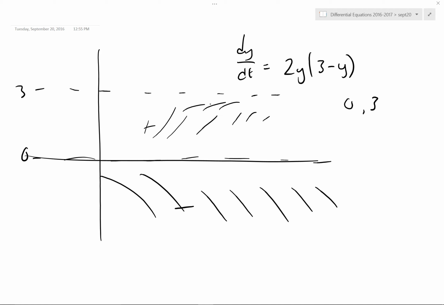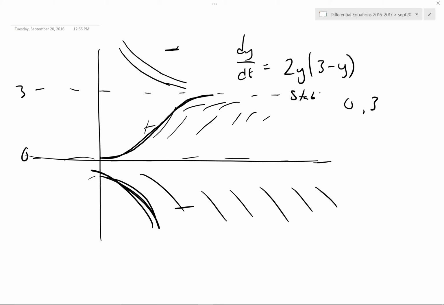So in here you've got this classic shape going on, right? And down here you've got some of these going on, depending, of course, where you started, but they're going to look like that. And then up here, when they're positive, this is going to be negative slopes. So it's going to be exactly the classic logistic function like that. Negative slopes. Now, I like to refer to these, again, this is stable equilibrium. It's stable. Okay? This is unstable.